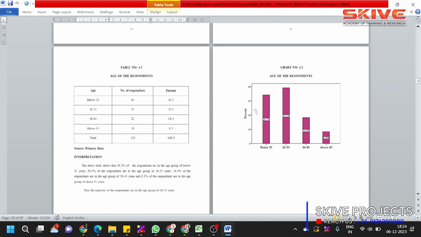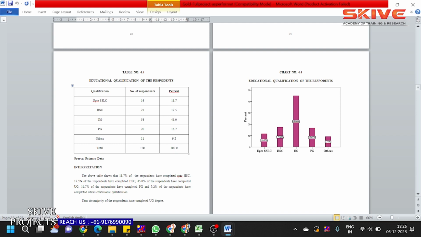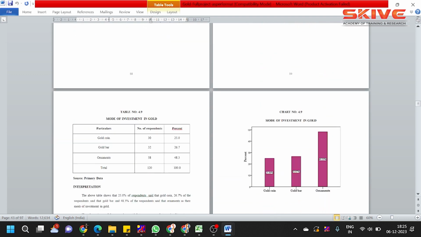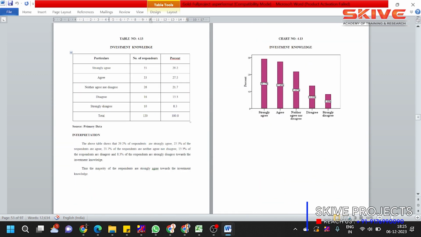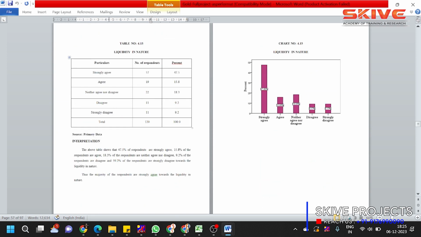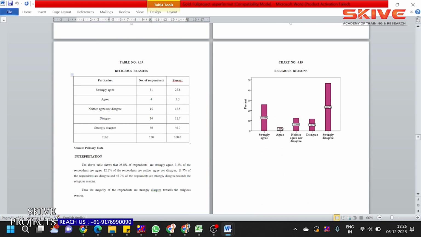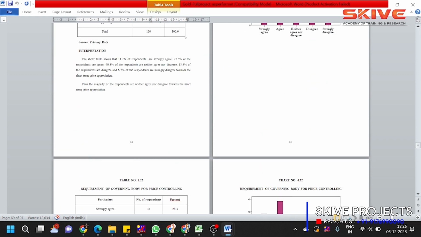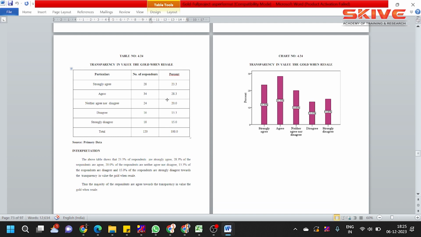So the male respondents were high. Then age of the respondents, marital status, educational qualification, occupation, annual income, frequency of investment, source of information, mode of investment, secured investment, no legal formalities, investment knowledge, low risk factor, liquidity in nature, safety of principal, capital growth, emergency need, religious reasons, accuracy in forecasting the price level, short-term price appreciation, requirement of a governing body for price controlling, strict government norms for wastage charges for gold ornaments, and transparency in value of gold when resale.